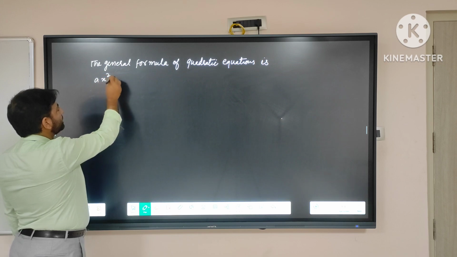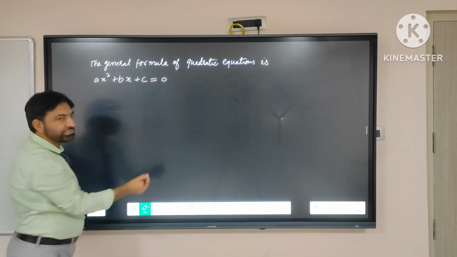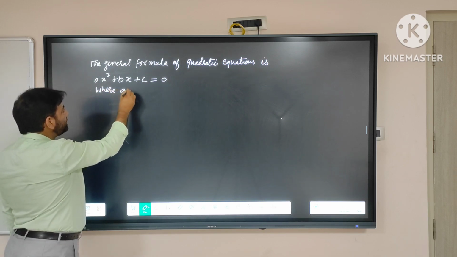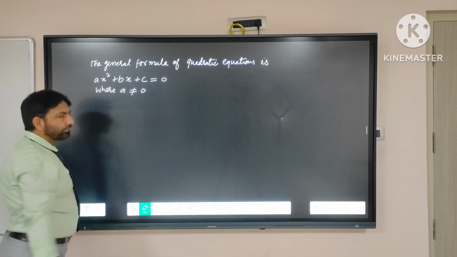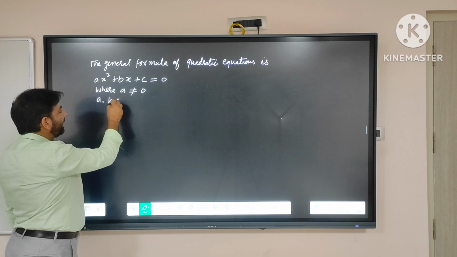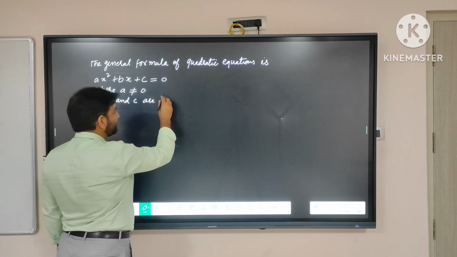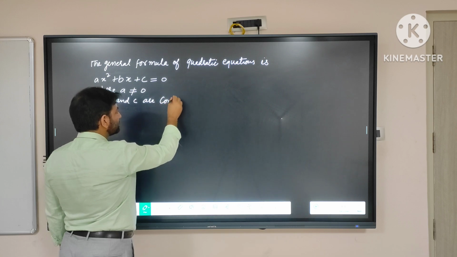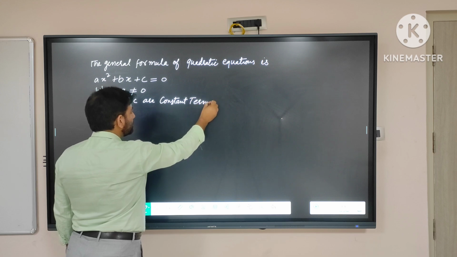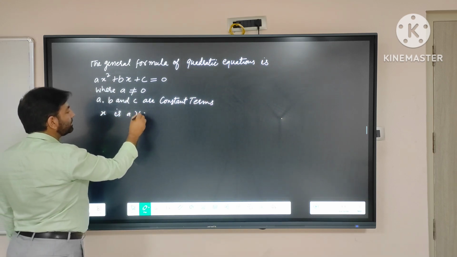ax square plus bx plus c is equal to 0, where a is not equal to 0. a, b and c are real numbers, or we can say constant terms. x is a variable.